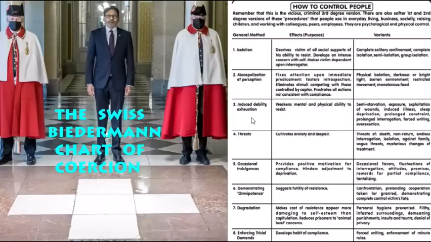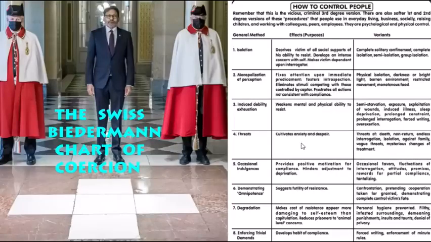Number 3, induced debility or debilitation and exhaustion, weakens mental and physical ability to resist. Variants: semi-starvation, exposure, exploitation of wounds, induced illness, sleep deprivation, prolonged constraint, prolonged interrogation, forced writing, overexertion.